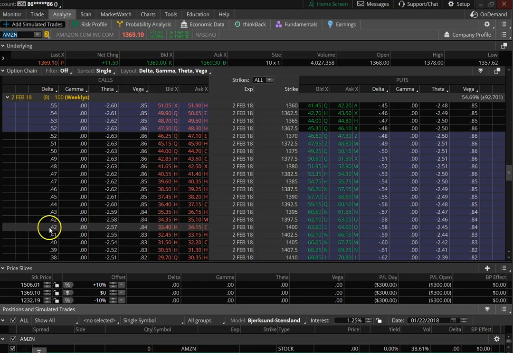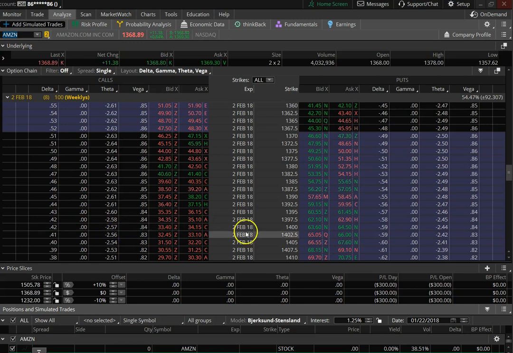And you've got a 40% chance of it being in the money, and you've got a 42-cent move on every dollar move in Amazon. So if Amazon moves $10, your option moved $4. That's not a bad return. That's a 10% return. So there's the argument for something like that, but you've also got a lot of time decay. So if I wanted to buy this, let's take a look at this one.